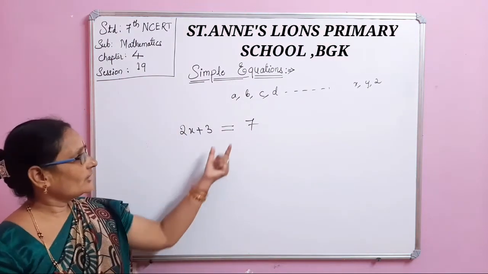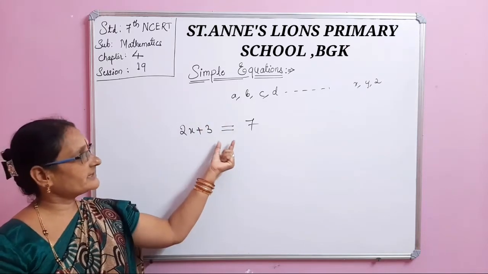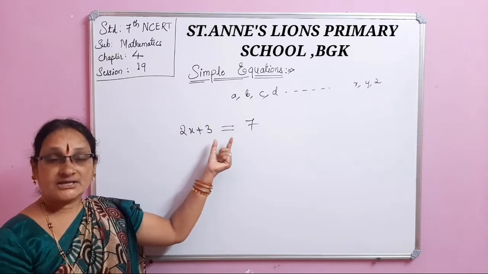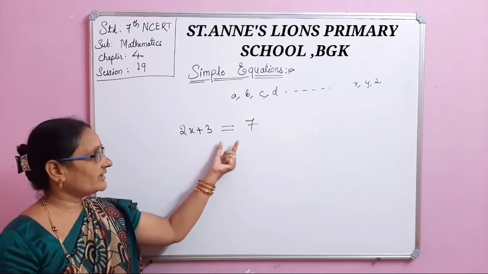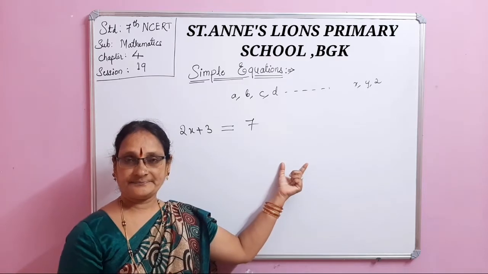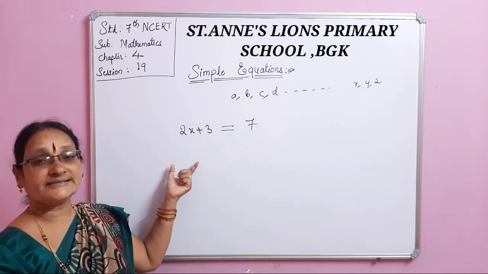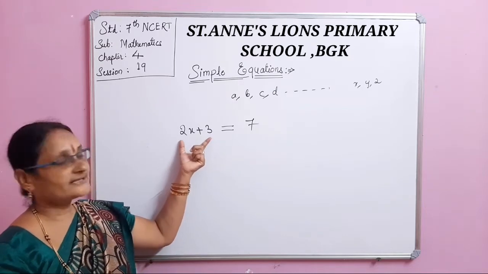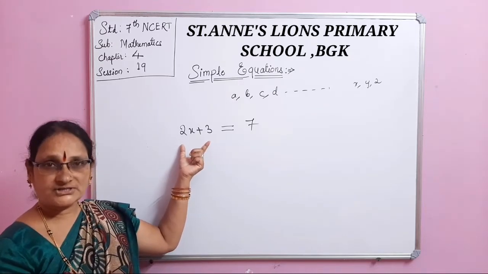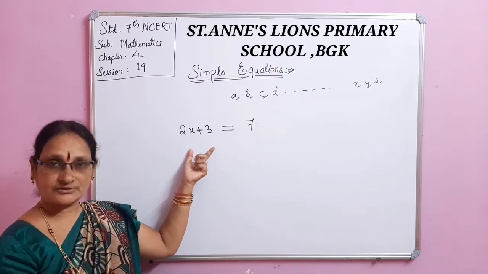Here an equality sign is there. Equation means there must be equality among the LHS and the RHS. What is there in the LHS? In the LHS there is an expression. A combination of variable and constant is called an expression.